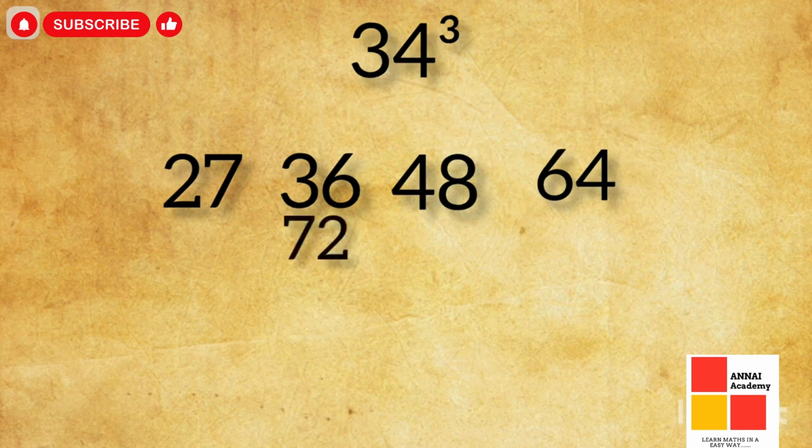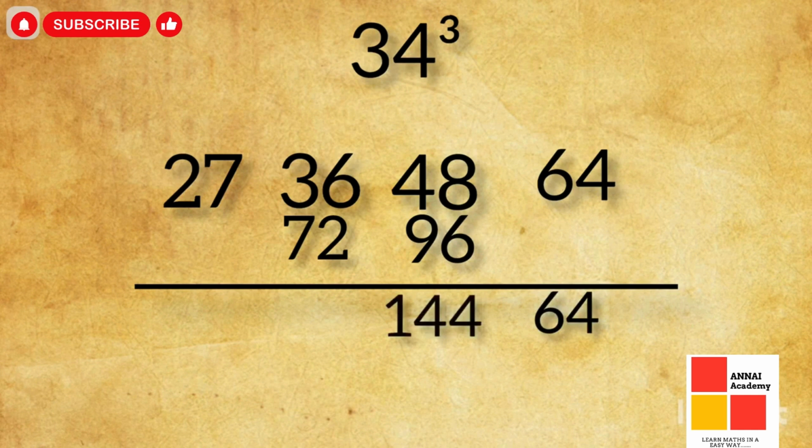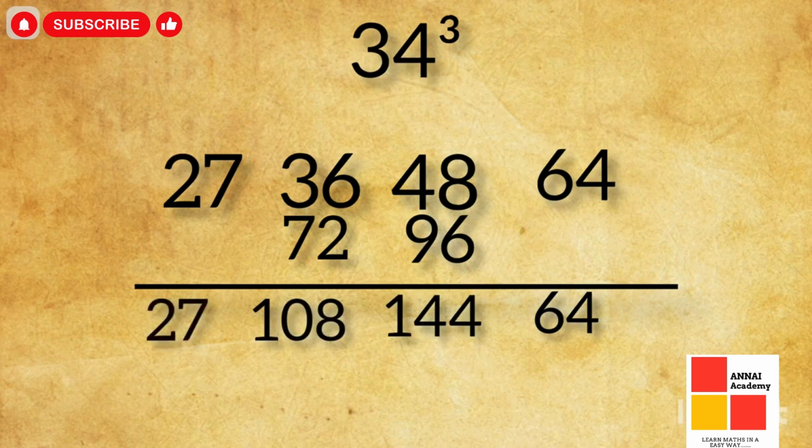Now 48. Addition from the right side. After summing 36 and 72, we will get 108. And below 27, we will get 27. Now this was our second step.